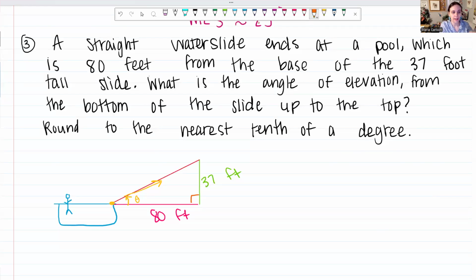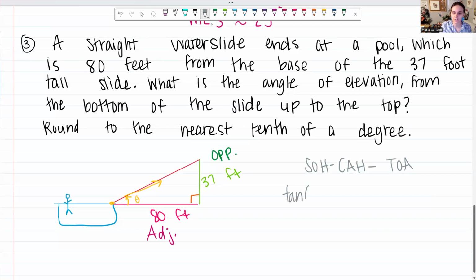Now, if our angle that I just marked with the theta down here is at the bottom, and we know this 37 feet, which is directly opposite it, and we also know this 80 feet, which is directly adjacent to it, which trig ratio would be most appropriate? Not sine, because I don't have the hypotenuse, not cosine, because I don't have the hypotenuse. This would be a great time to use tangent.